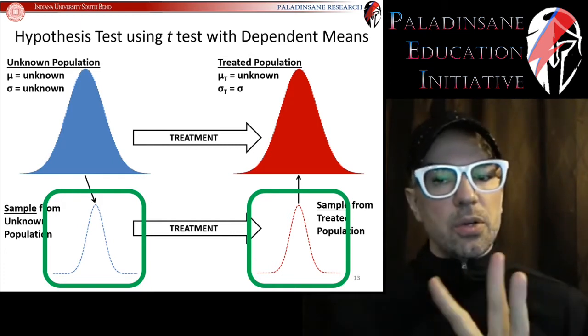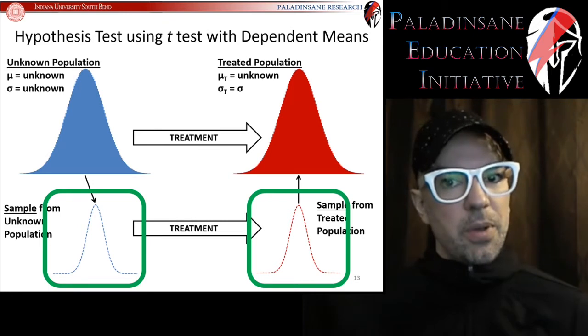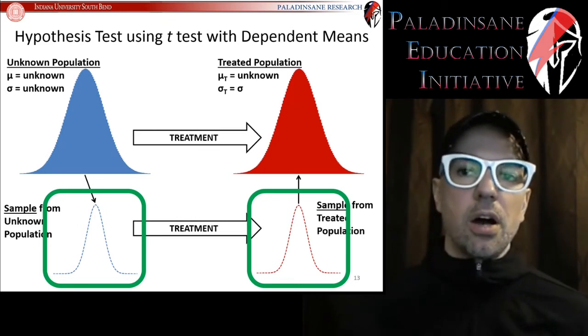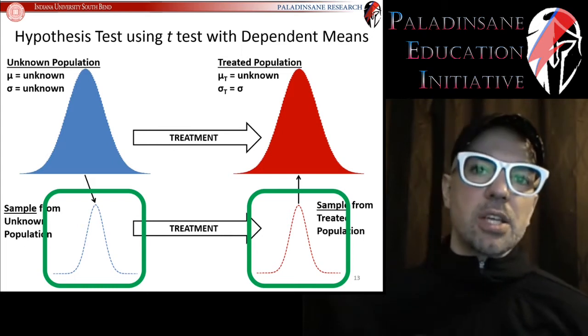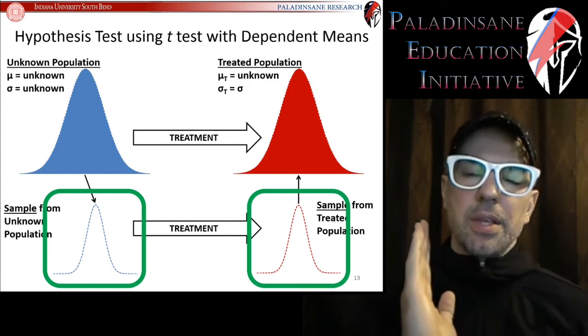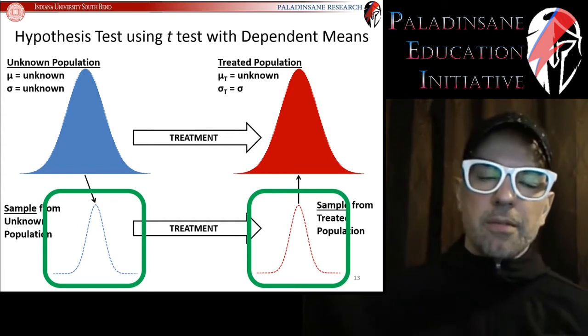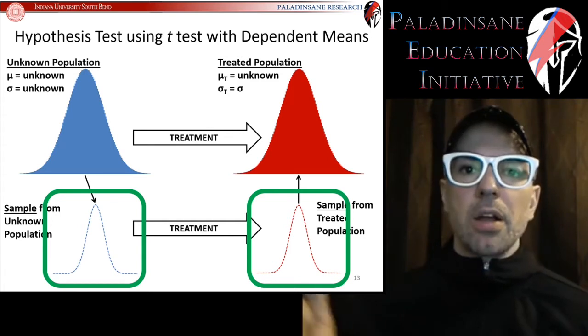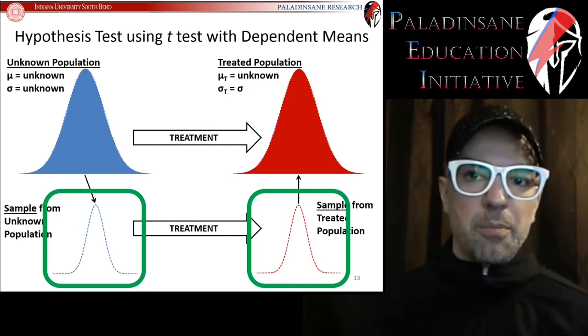So we're going to have to tweak the t-test just a little bit so that it is appropriate for this situation that is called dependent means. And it's called dependent means because the sample mean for one condition and the sample mean for another condition are dependent on the same people.